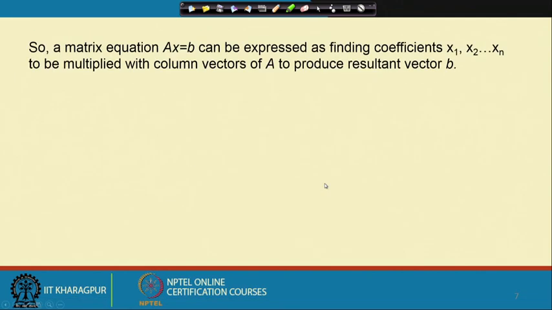So, a matrix equation can be expressed as finding coefficients x1, x2, xn, which will be multiplied with the column vectors of A and produce the resultant vector, which is B.